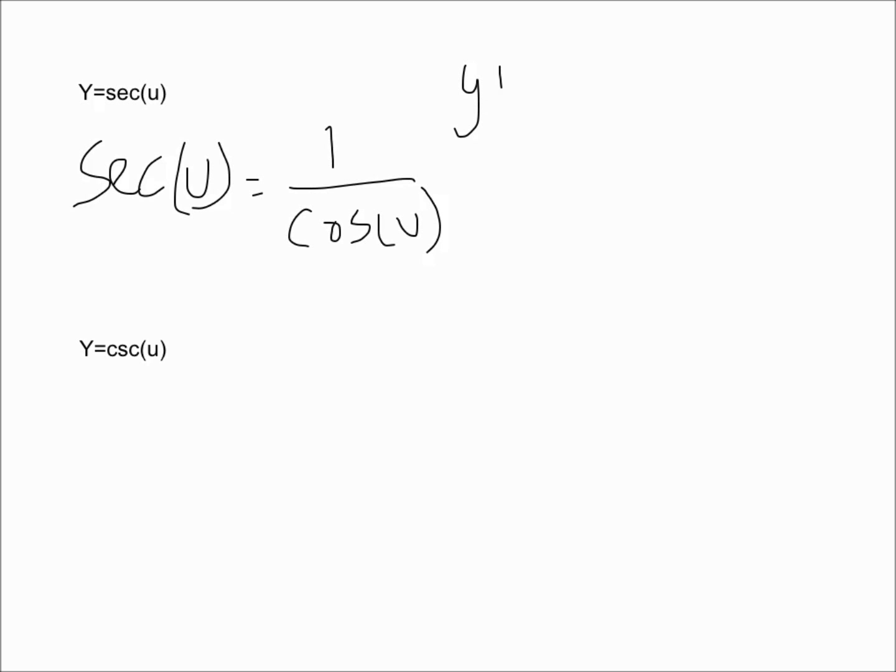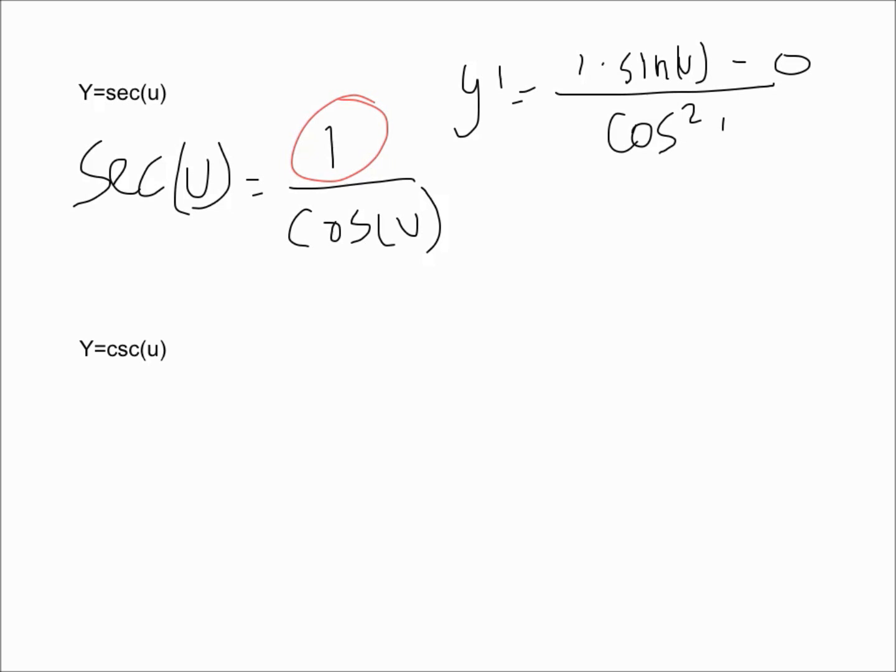Y prime would be 1 times the sine of u minus 0, because it would involve the derivative of 1, over cosine squared of u. So y prime would be sine of u over cosine squared of u.